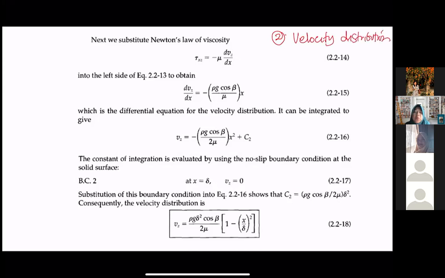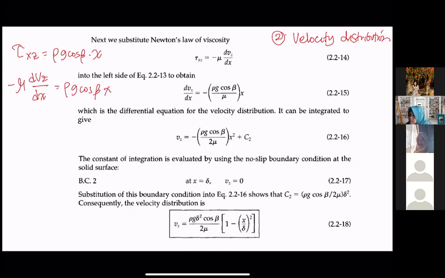What we can do is substitute Newton's law of viscosity into the equation. So we have tau xz equal to rho g cos beta x, and let's substitute Newton's law of viscosity into the momentum flux, which is minus mu dvz over dx, equal to rho g cos beta x.